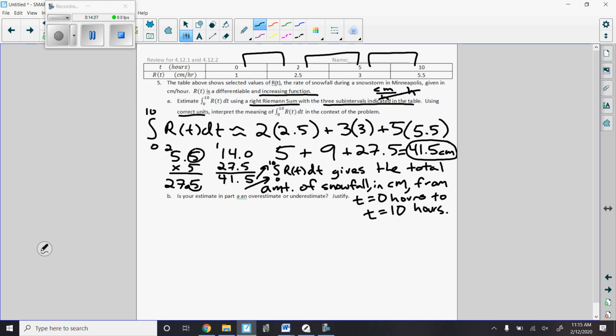Okay, and then the second question is, is your estimate in part A an overestimate or underestimate? Justify. Okay, now we're going back to the fact that this function was increasing. Right-hand and left-hand Riemann sums, we determine whether it's an over or underestimate by whether or not the function is increasing or not. So I know r is increasing, so I'm just going to do a little sketch here.